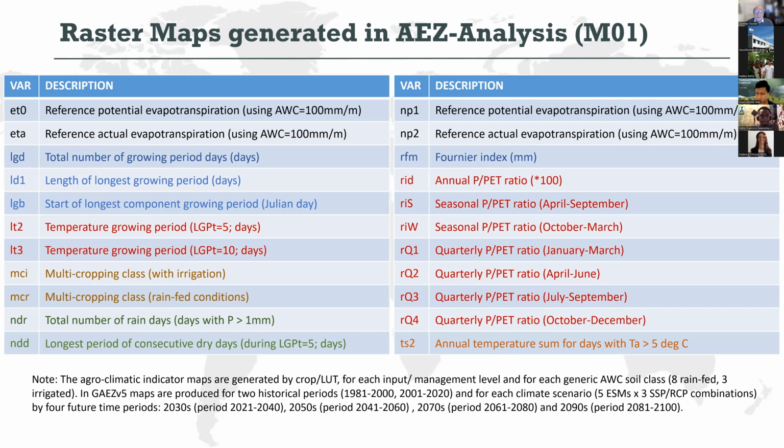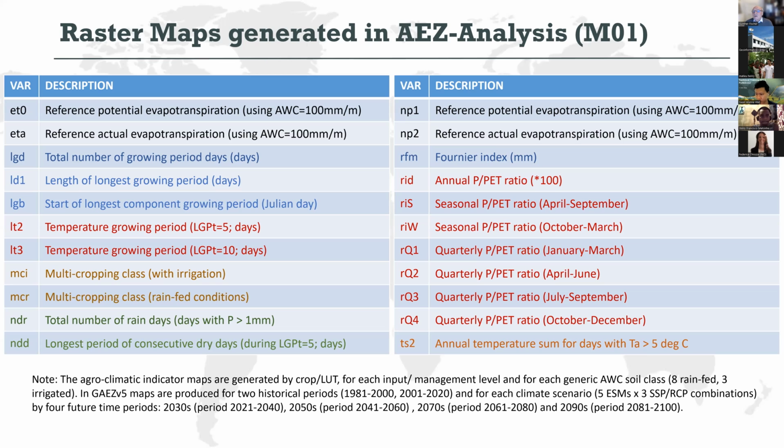There is a multi-cropping classification produced in the module, both under irrigation assumptions as well as under rain-fed conditions, and it classifies each pixel in one of 8 multi-cropping classes. There are indicators counting the number of rain days in a year or the number of consecutive dry days in the year, the longest period of that kind.